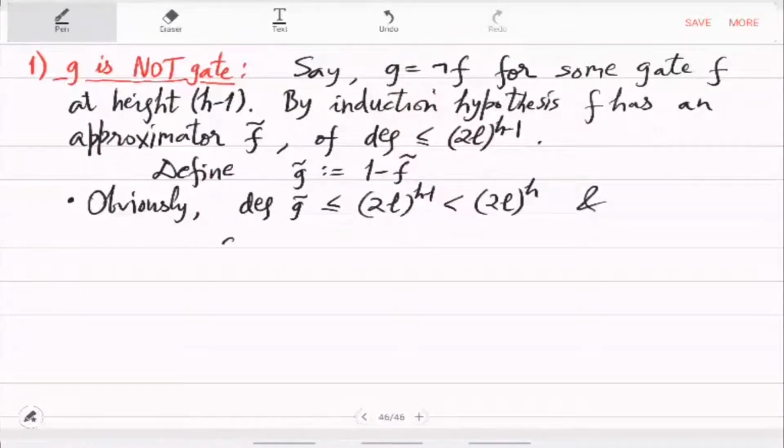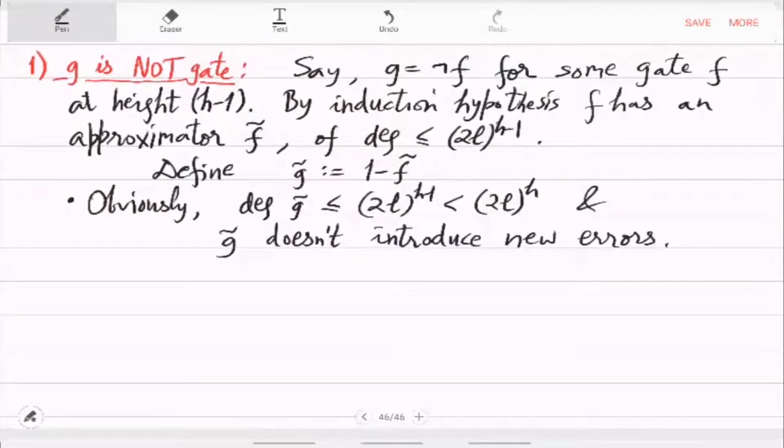G tilde doesn't introduce any errors. So when it's a NOT gate, the induction hypothesis carries forward successfully with this induction step.